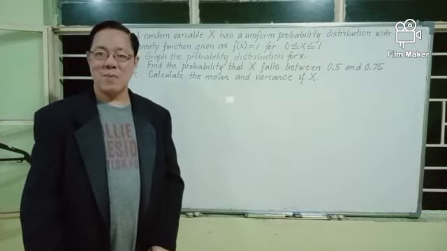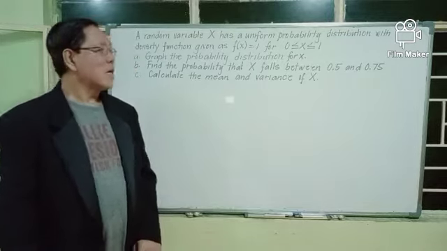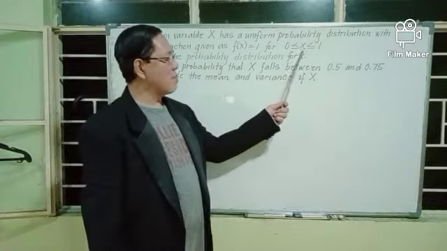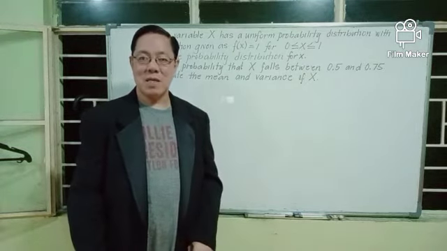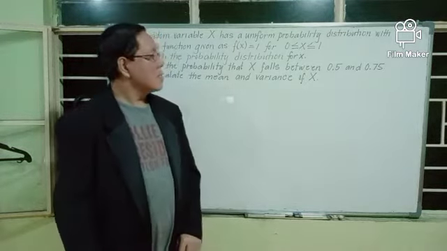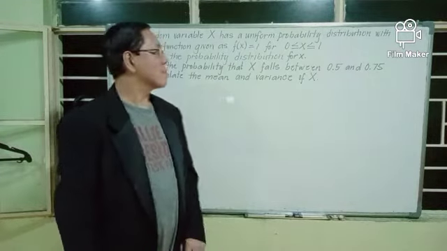Based on the given information, we know that x is a continuous random variable because its values can be any number between 0 and 1. And we know that there are infinitely many real numbers, in particular decimal numbers, between 0 and 1.